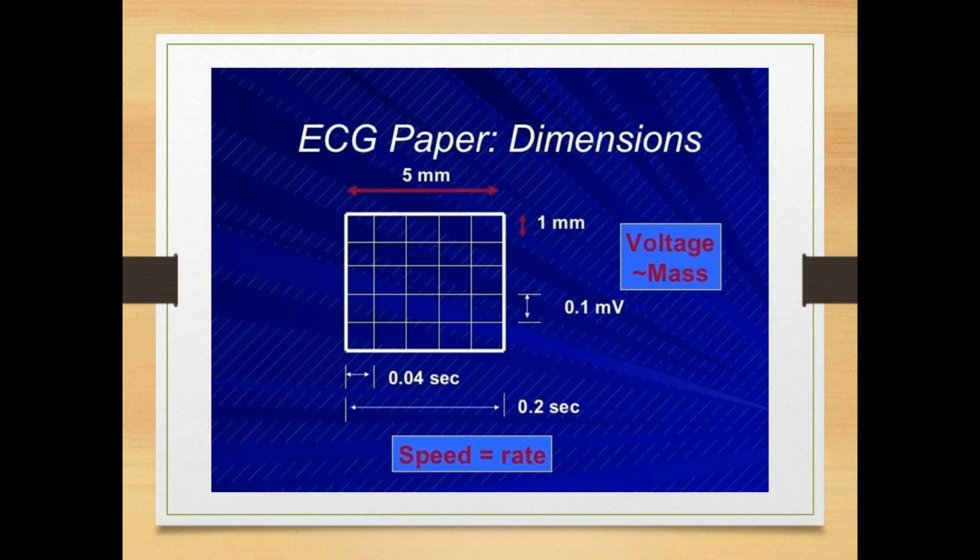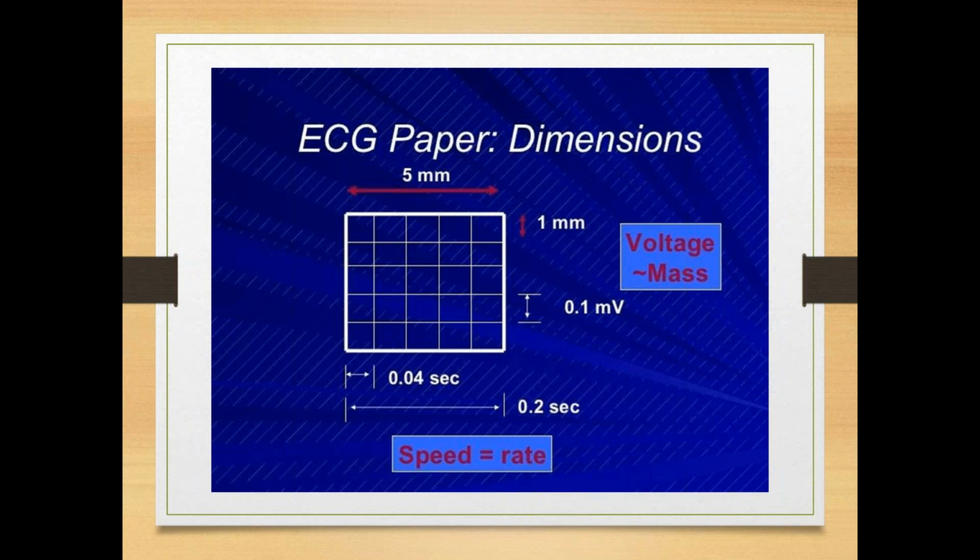How long is the PR interval, the QT interval? All this is in relation to the big square. How much is one big square, one small square, with relation to time, and in terms of millimeters.